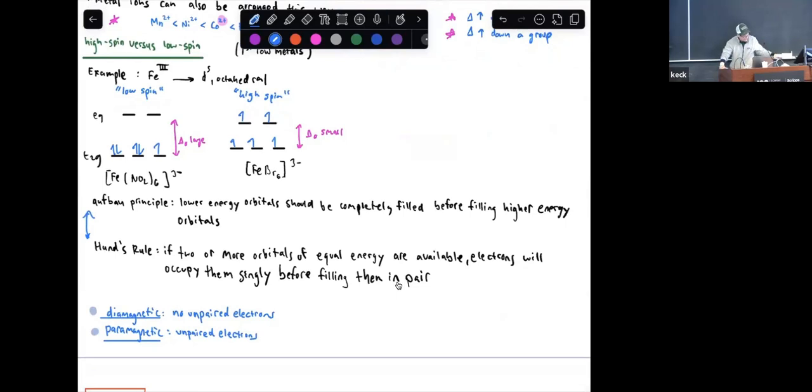And then a closely related concept that you will hear if you attend any kind of inorganic chemistry lecture is terminology like diamagnetic and paramagnetic.